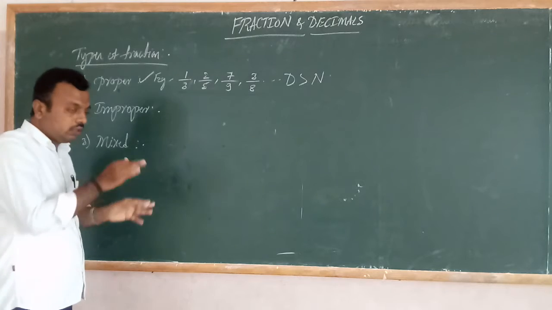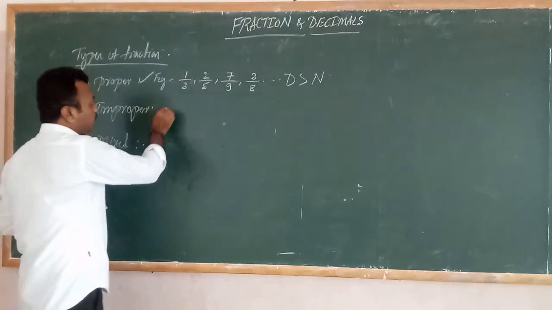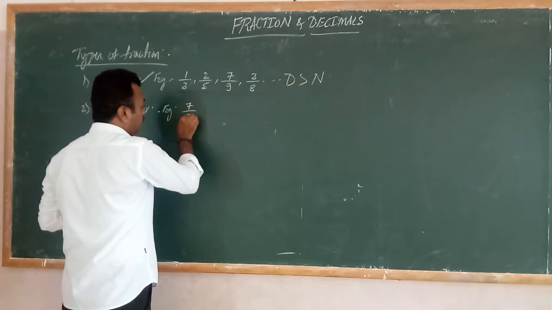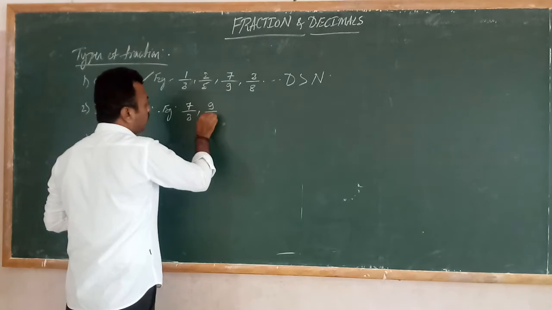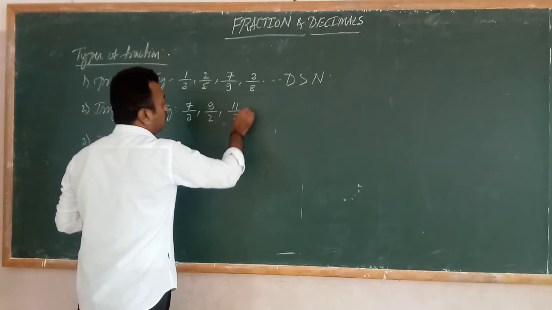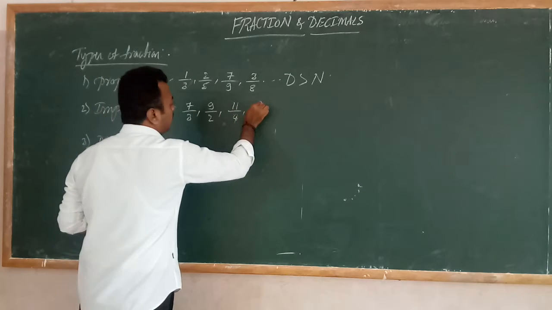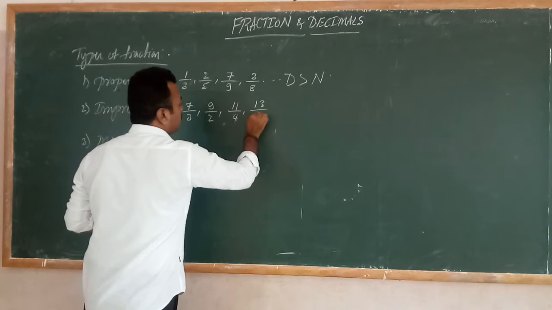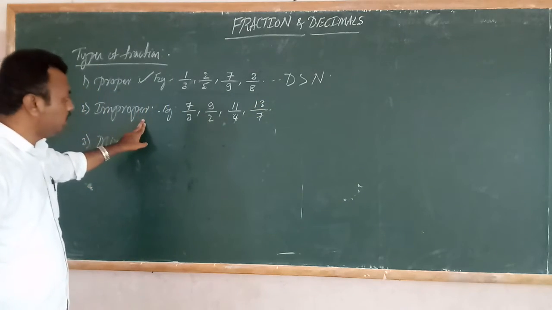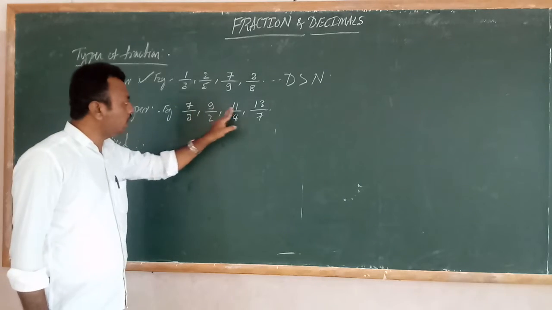Improper fractions means the opposite. So here, for example, 7 by 3, 9 by 2, and then 11 by 3 or 4, anything, and then 13 by 7, etc. See students, in these examples, observe the numerator and the denominator.